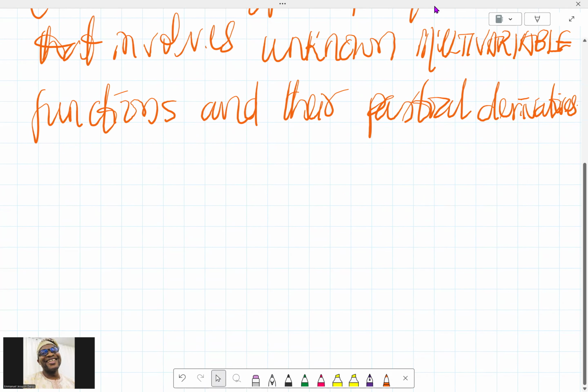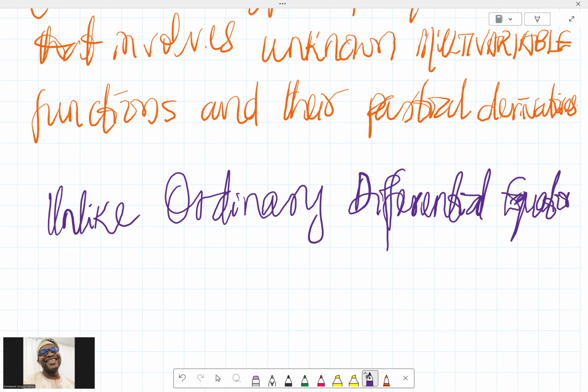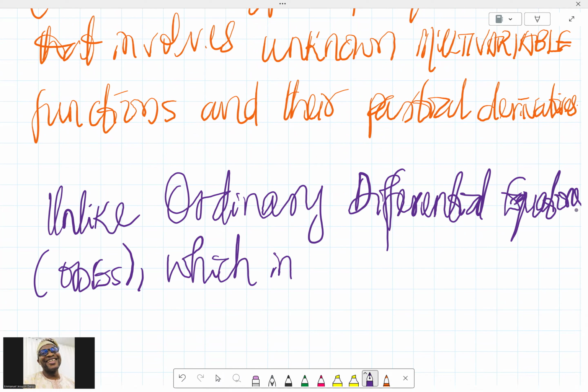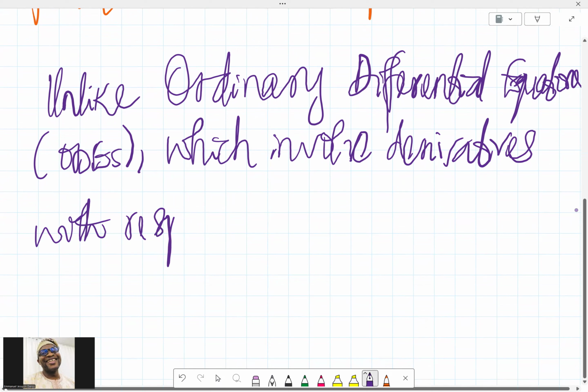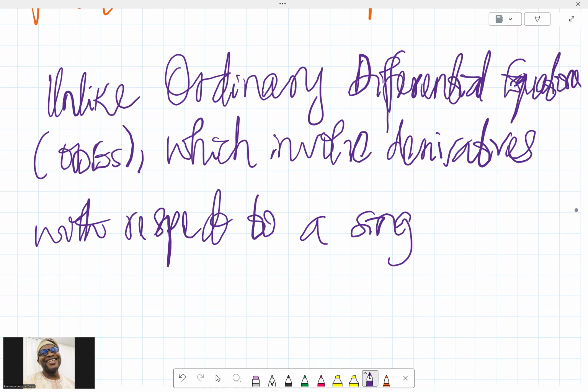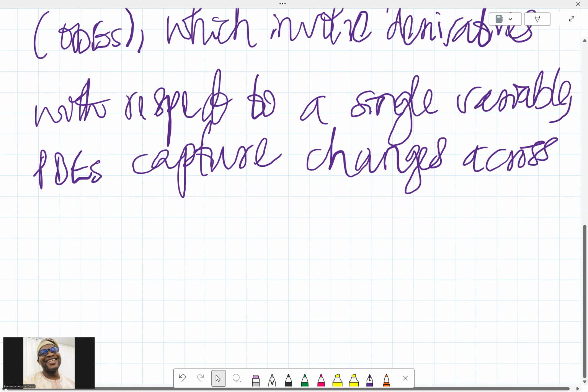Okay, so unlike ordinary differential equations, otherwise known as ODEs, which involve derivatives with respect to a single variable, PDEs capture changes across multiple variables.